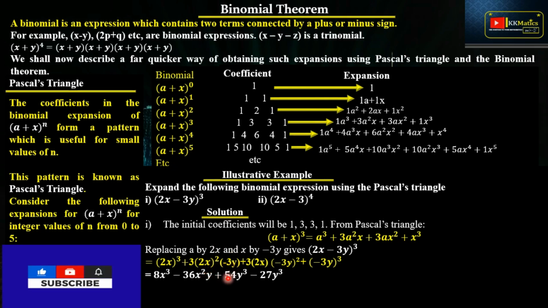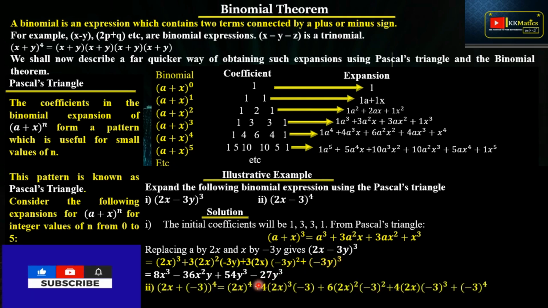So we do the same for the rest of them. So 2 times 3 is 6, times 9, because there's a square here. And this square cancels the negative sign, and that gives us a positive coefficient. And we do the same for this. This is a cubic function, the cube of minus 3 and y, and that gives us minus 27.